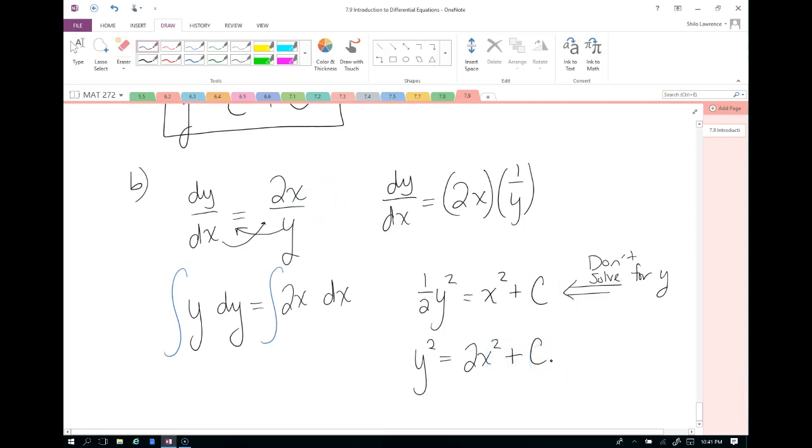So we don't have to write 2c. It's still just plus some unknown value. Now we do have to multiply the x squared by the 2. But c just represents some unknown value. It says x squared plus some unknown value. And multiplying through by 2, it's now going to be 2x squared plus some unknown value.